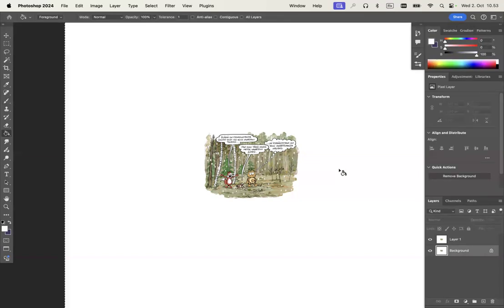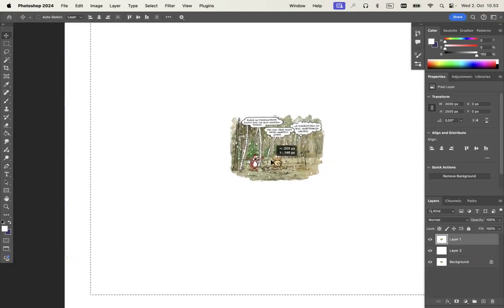Did it do it? No. Okay, let's make another layer and fill that with white then. There we go. So now I can move this around as I want to.